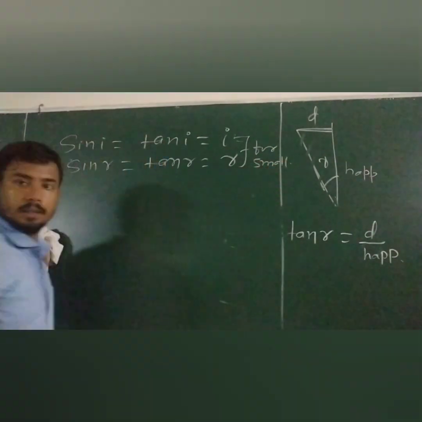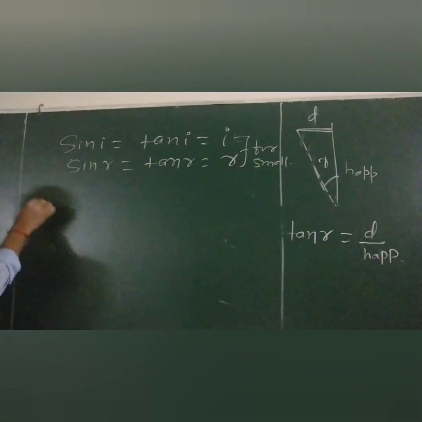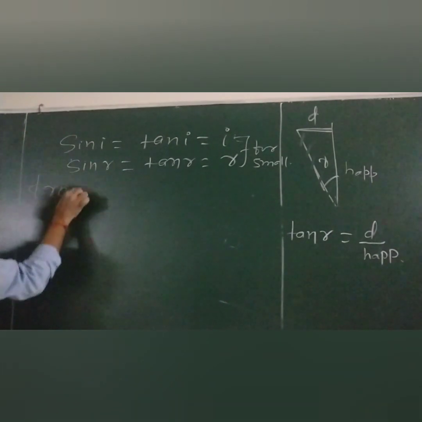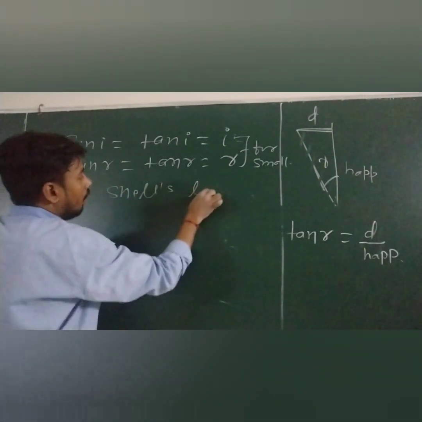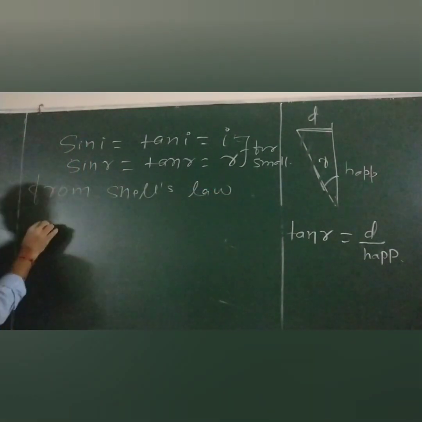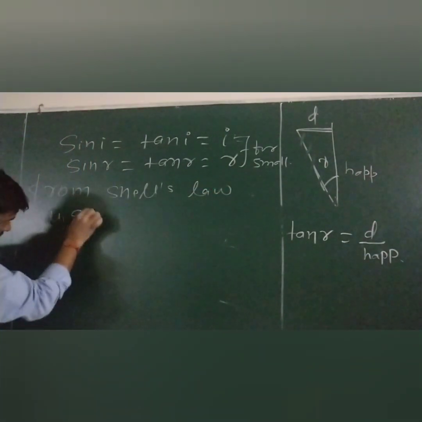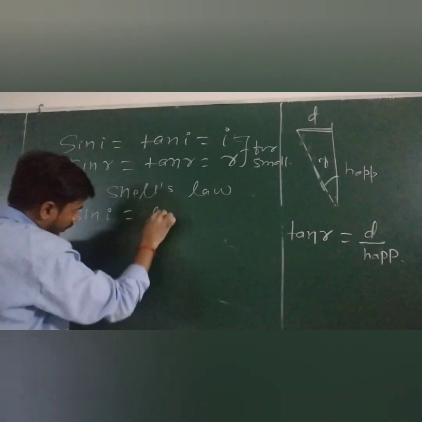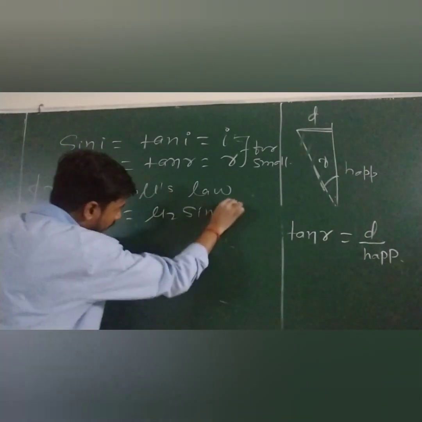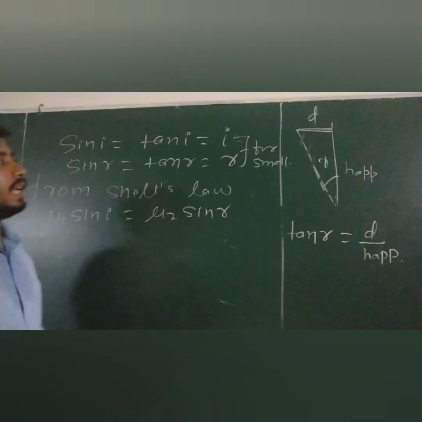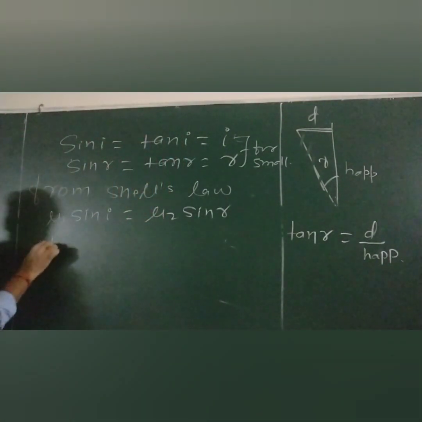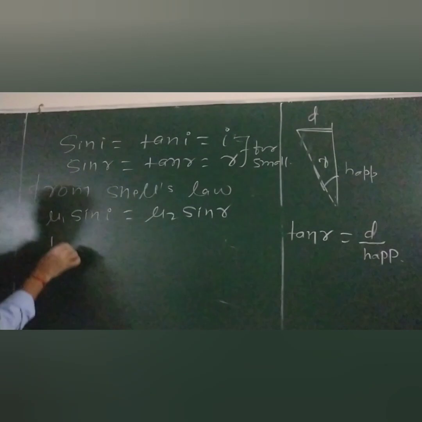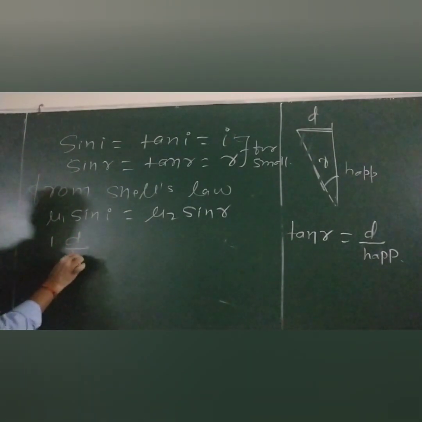Now see, from Snell's law, mu1 sin I is equal to mu2 sin R. Mu1, I assume this is the rarer medium, so it is 1. Sin I, we have calculated, is D by H naught.